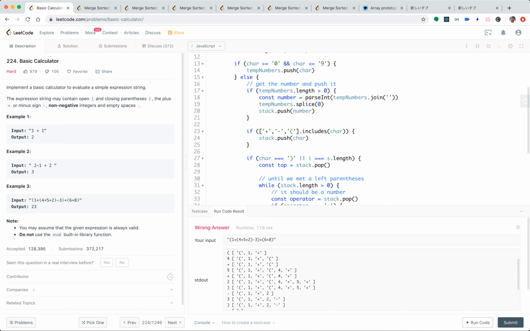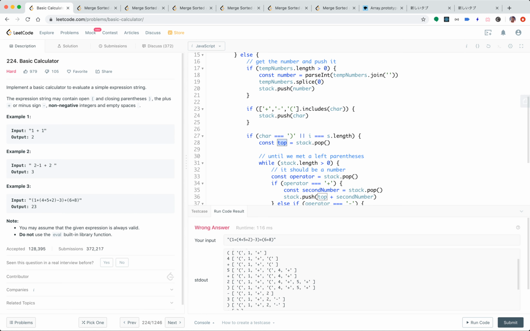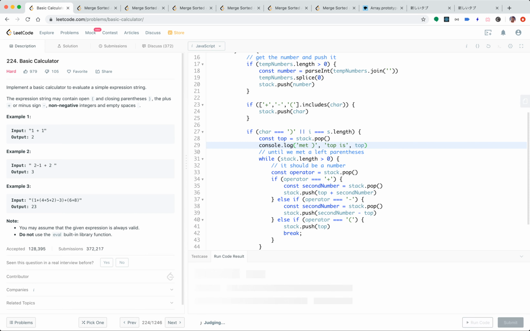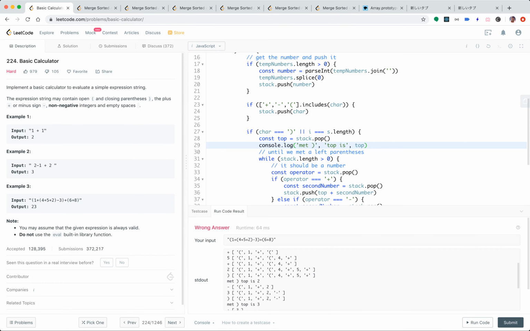We got numbers, we got this one, so we pop. Top should be 2. We made it, top is 2.